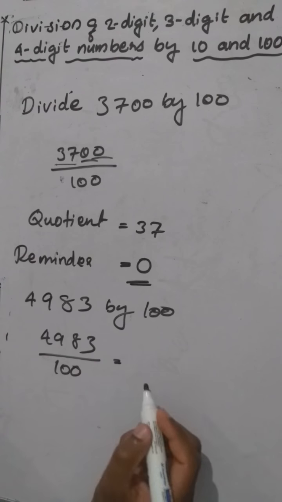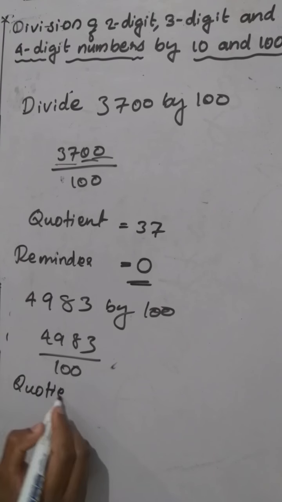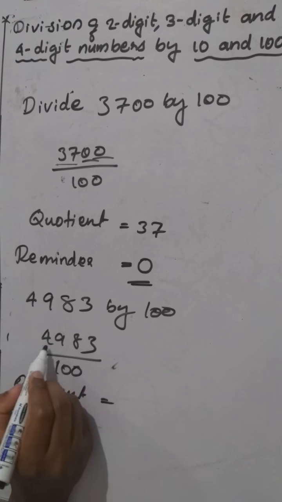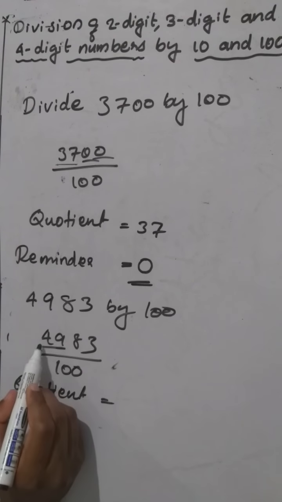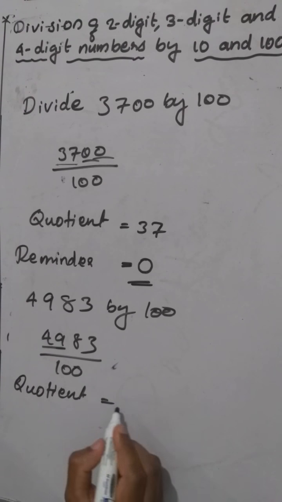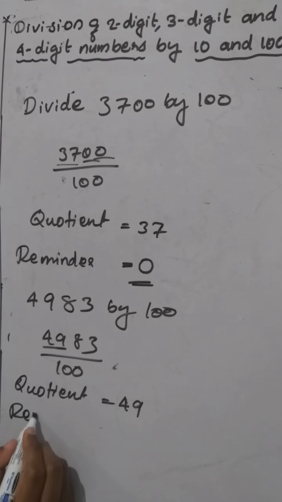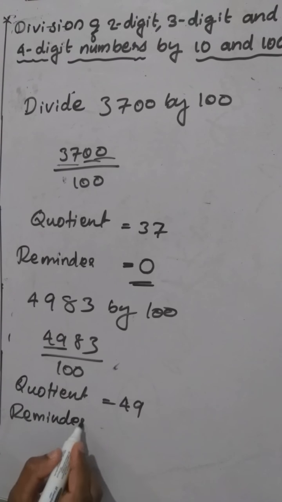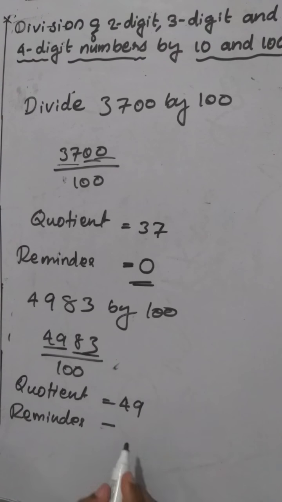Here our quotient will be the number formed by the digits in the thousands place and hundreds place, that is 49. And the remainder will be the number formed by the last two digits, that is 83.